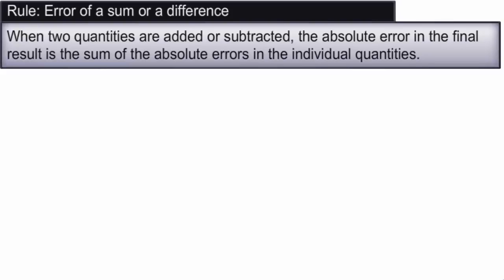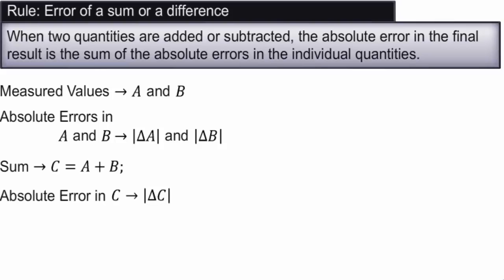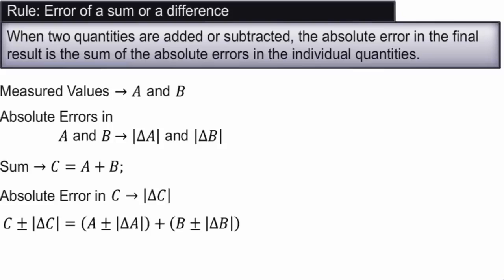If two physical quantities have their measured values A and B, and mod delta A and mod delta B are their absolute errors, find the error delta C in the sum C is equal to A plus B. We have by addition C plus or minus delta C is equal to A plus or minus delta A plus B plus or minus delta B. The maximum possible error is C. Delta C is equal to delta A plus delta B.